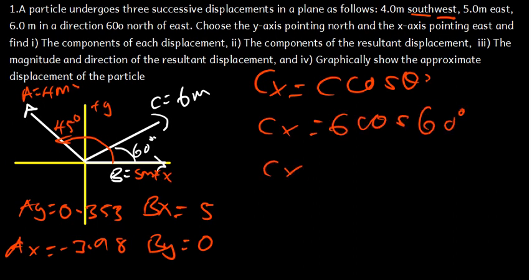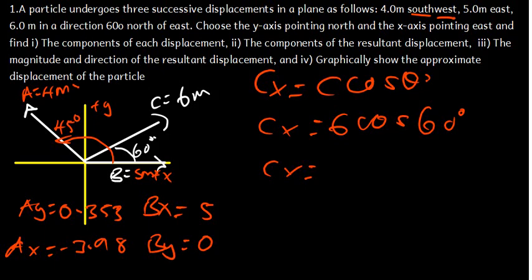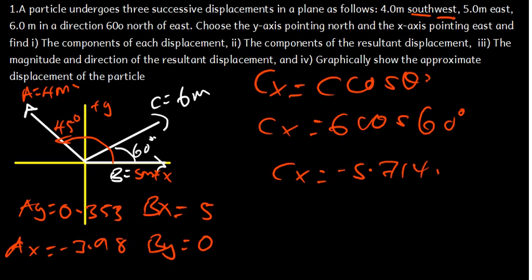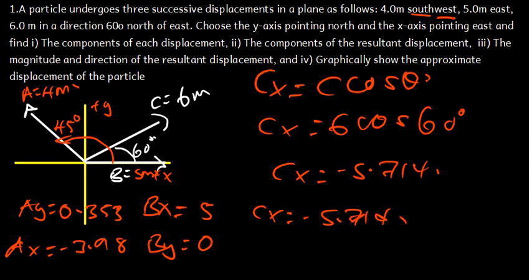So Cx is going to be 6 cos 60. I'm getting negative 5.714. So I can just put here that Cx is equal to negative 5.714.